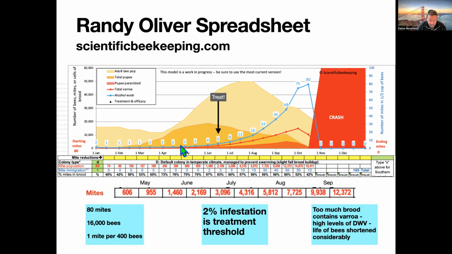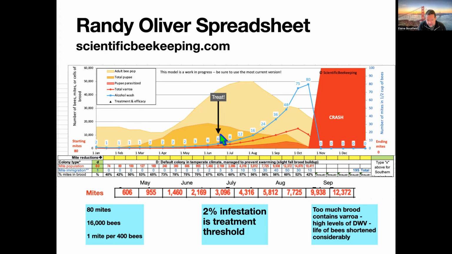This blue line is related to doing an alcohol wash, which is something that I do in June. Basically, when you take a sample of bees, about 300 bees, which is about half a cup, you put them into a jug, a beaker thing, with some isopropyl alcohol, rubbing alcohol, swirl it round, the Varroa mites fall to the bottom, and you can count them.